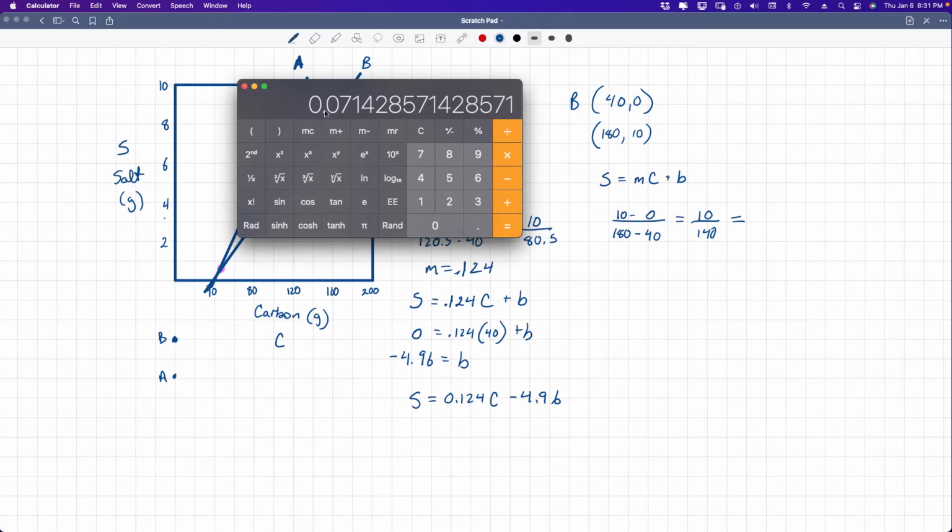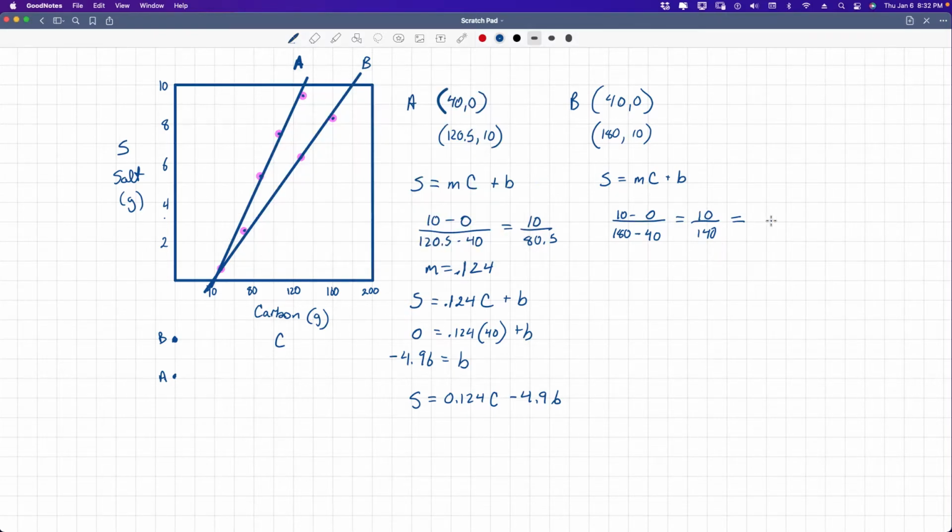My slope is 0.0714. I stopped there because the next number is smaller. That's always a good stopping point when you're doing decimals: keep going till you either hit a 0 or until you hit a number that's smaller than the last one you were at. Technically, we could stop at 0.07, so why don't we do that? 0.07. So M is 0.07.